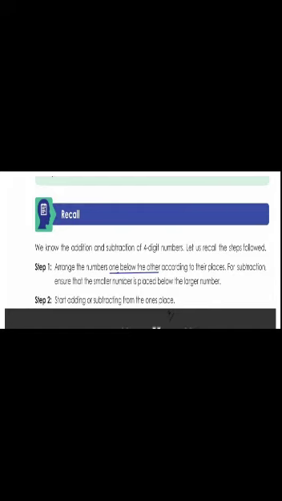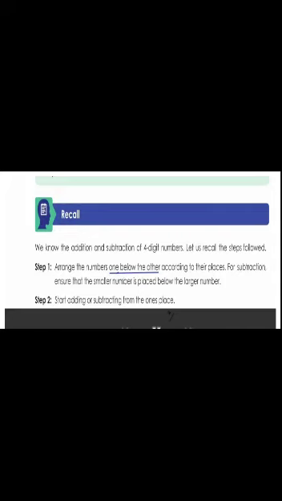So in the first 2 points he tells us that first we have to arrange the numbers. Any digit, it may be 4-digit numbers, 5-digit numbers, you have to place them according to their place value. You know the place values. The smallest one is the ones place and the largest one is 1000 or 10,000.